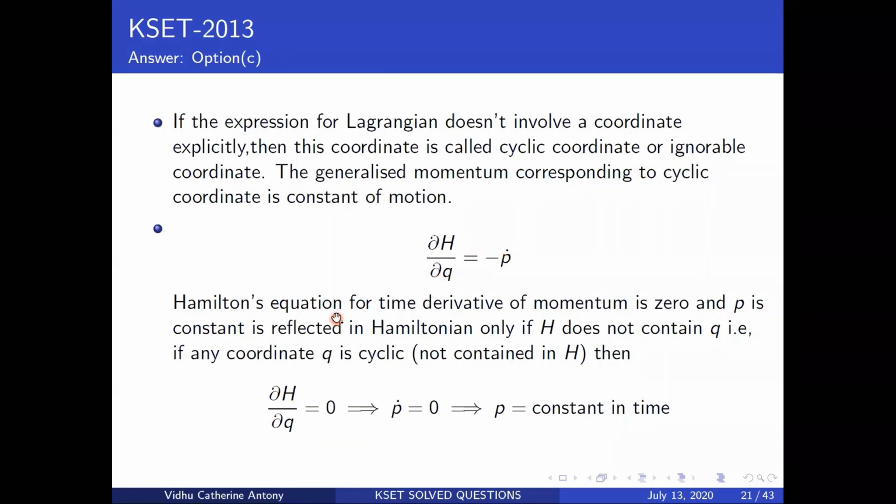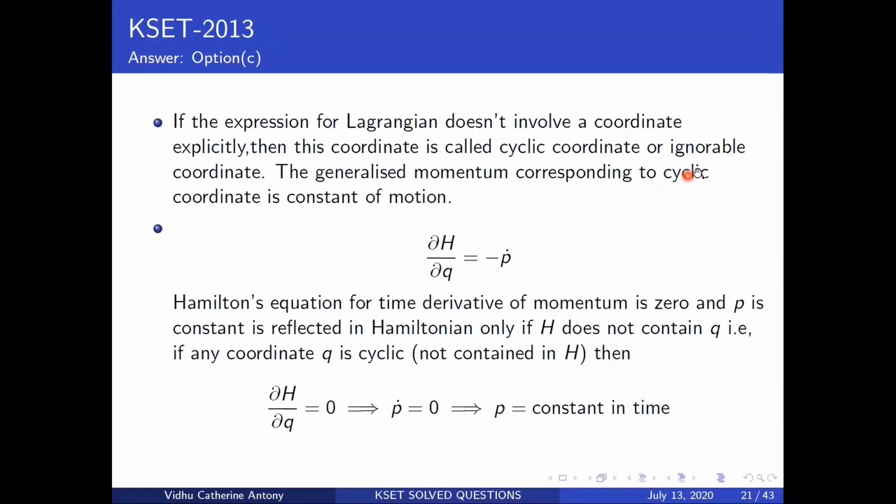So what is your generalized momentum corresponding to a cyclic coordinate? I'm going to be working this backwards and telling you that I got the constant of motion. So dou H by dou q, I'm telling you that there is no coordinate. If that is 0, then your p dot is equal to 0, which means your generalized momentum corresponding to your cyclic coordinate is a constant of the motion.